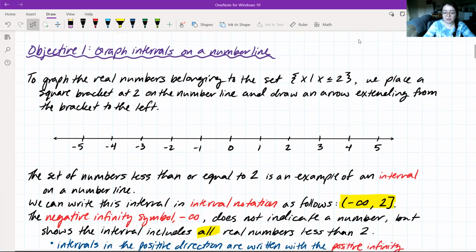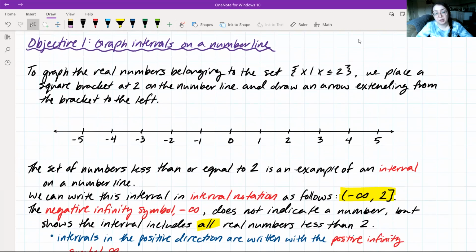So objective 1, we want to graph intervals on a number line. To graph the real numbers belonging to the set x, where x is less than or equal to 2, we place a square bracket at 2 on the number line and draw an arrow extending from the bracket to the left. We want to draw our square bracket because it indicates to us that 2 is included.